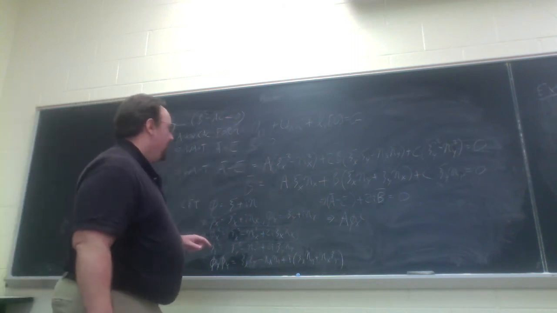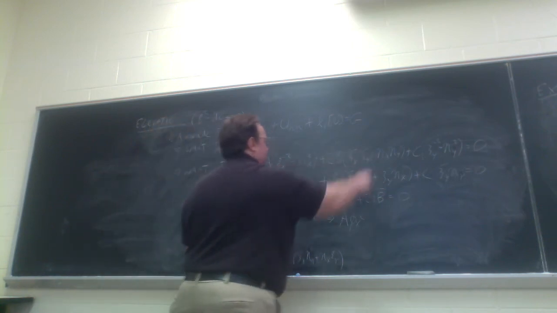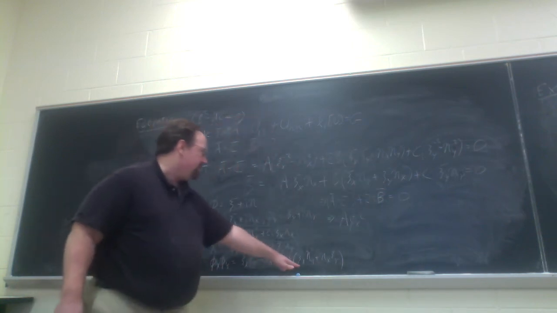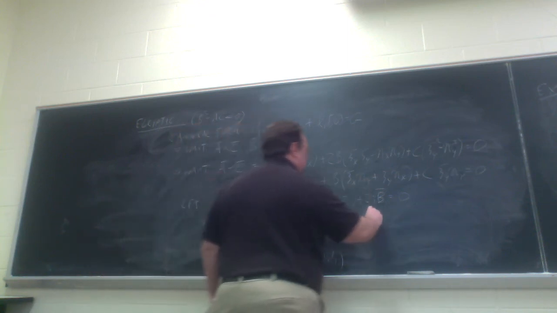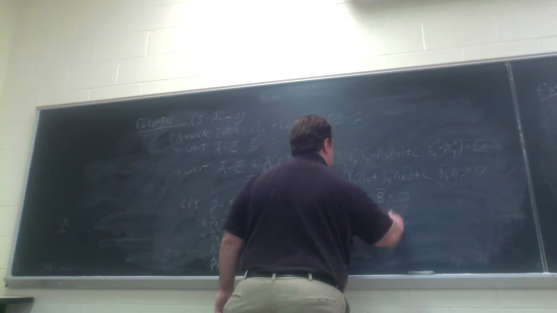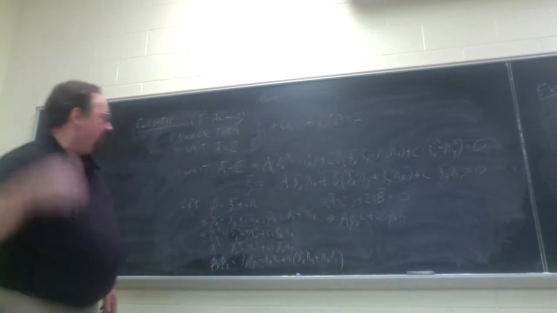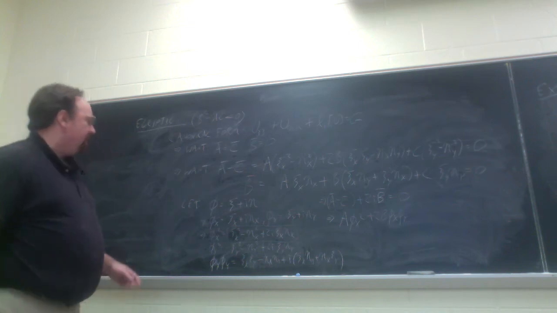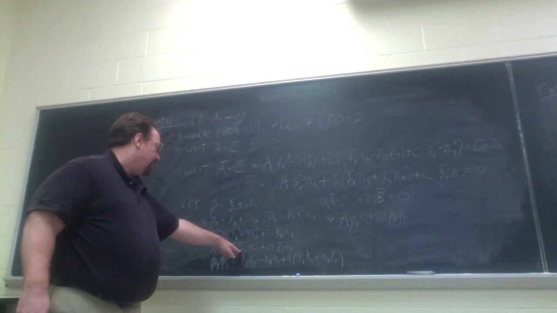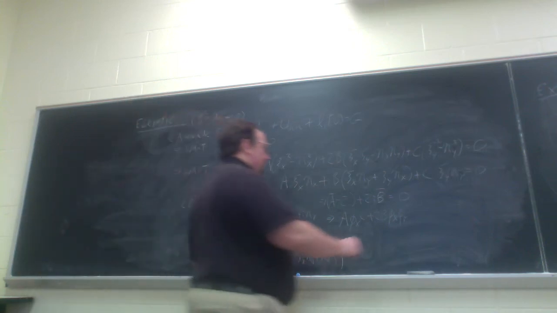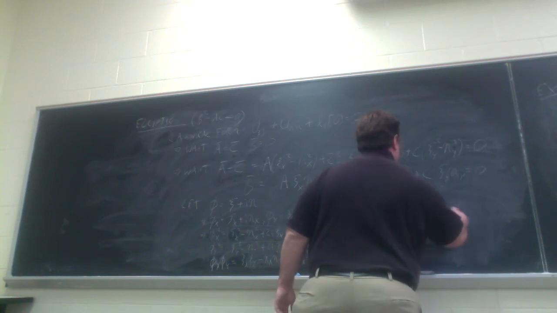I have xi x, xi y minus eta x, eta y right here. And then I have this, my imaginary part, right here. So I'm going to have plus 2B phi x phi y. And then, just like I did for the A terms, if I look at the C terms, I could recognize phi y squared. So plus C phi y squared is 0.